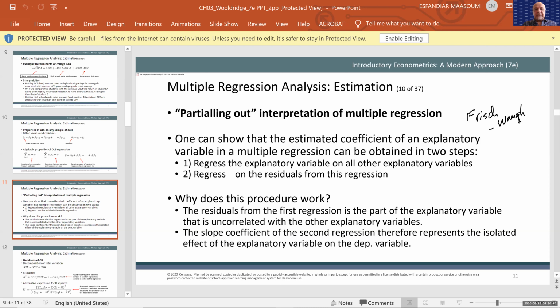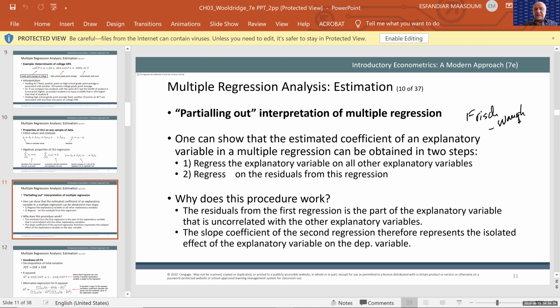Imagine regressing the explanatory variable education x1 on all others. So I'm only interested in the impact of x1 on y, but I have other variables.